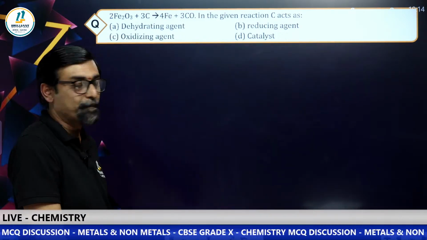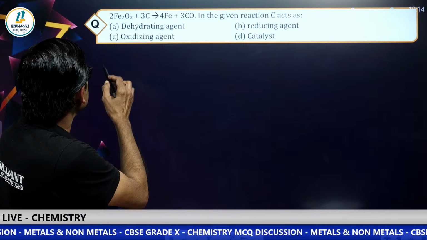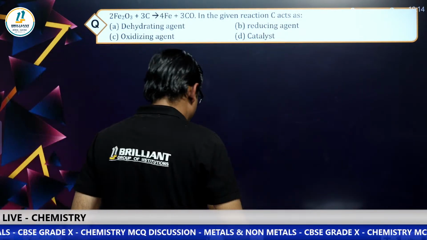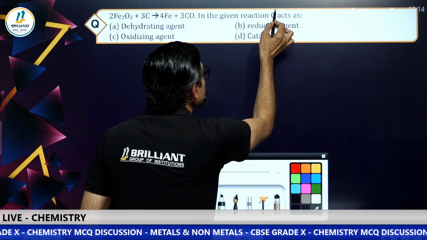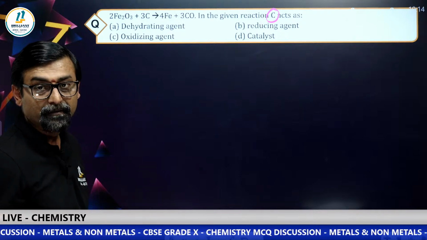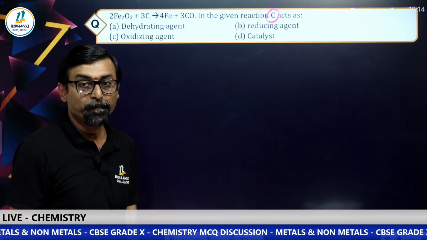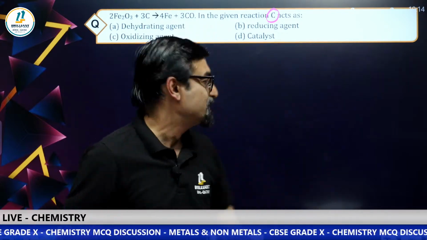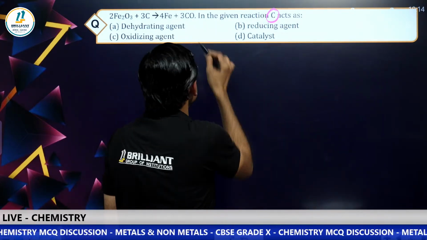So let us see what is happening with this. Fe2O3 plus 3C gives rise to Fe plus CO. In this reaction, C acts as dash. What is the action of C? C refers to carbon. So I will tell you one tip on how to solve these redox reactions very easily. See children, let me take this reaction.